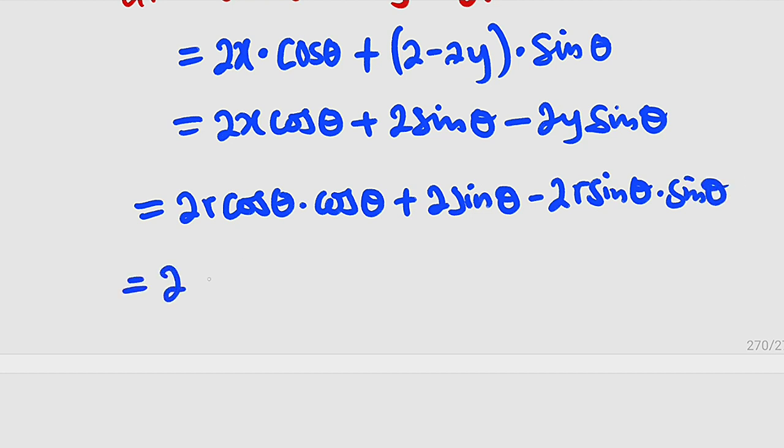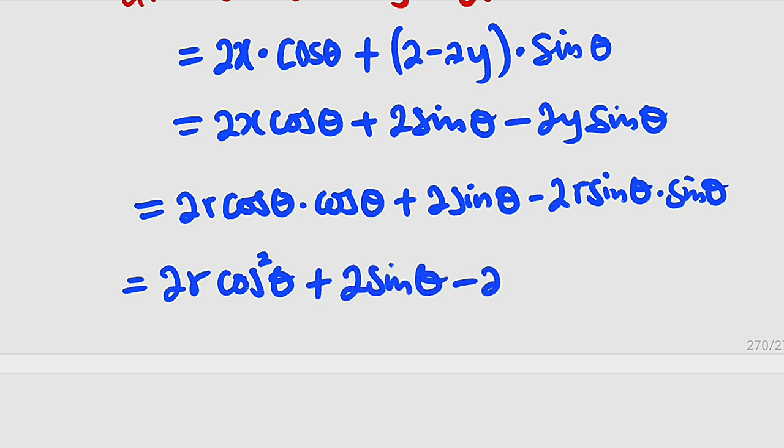This is equal to 2r cosine squared theta plus 2 sine theta minus 2r sine squared theta, and hence this is du over dr.